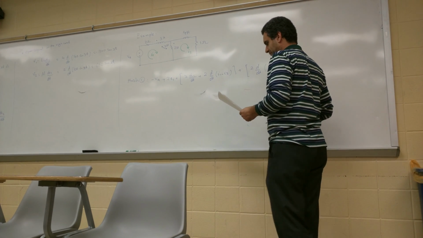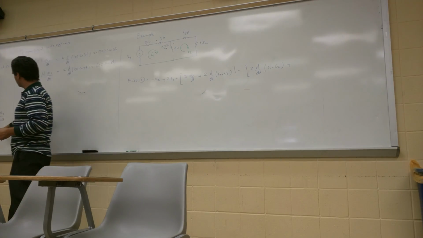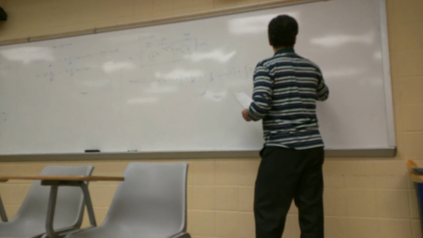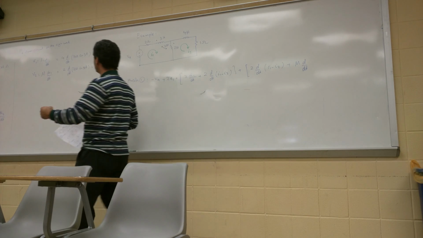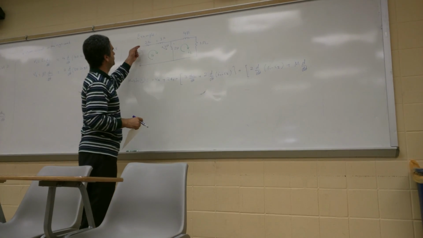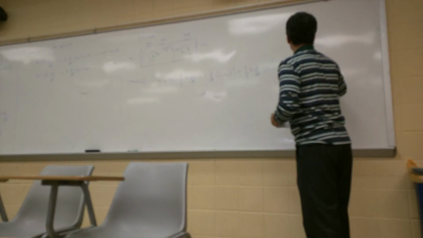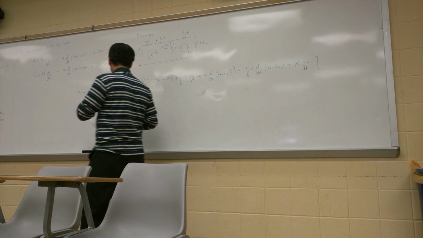And plus this last term, M d over dt of the current that goes into the dot point of the other element. The current that goes into this one is again I1. So this is your KVL for the first mesh.